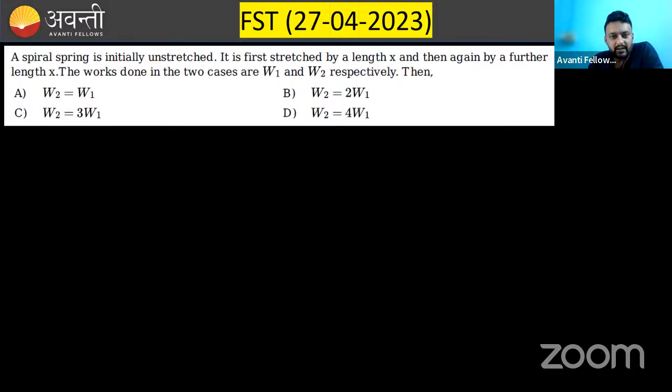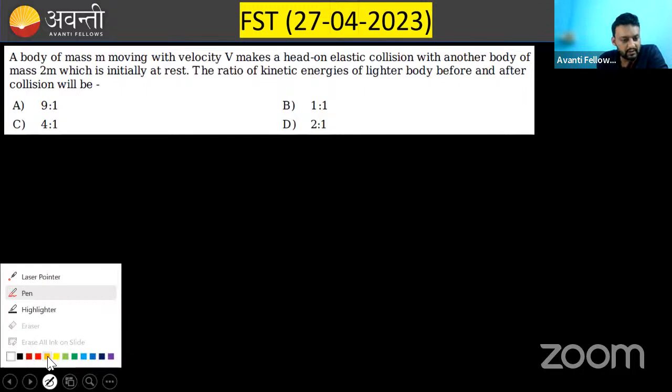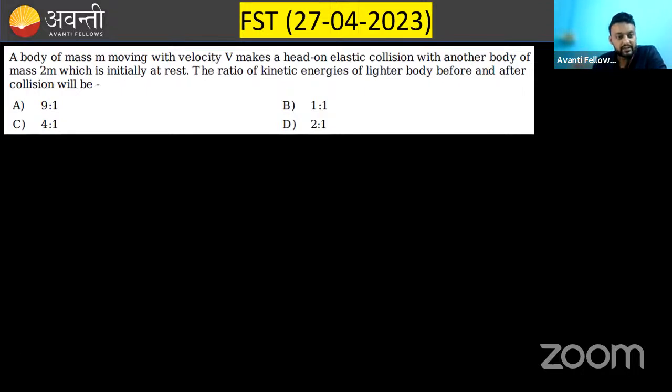It is first stressed by length x and then again by further length x. The work done in the two cases are W. I hope this is done in the previous test discussion. Say yes or no at least. Moving further. That question was done in the previous class, previous test discussion of 24th April. You can see on the playlist as well.